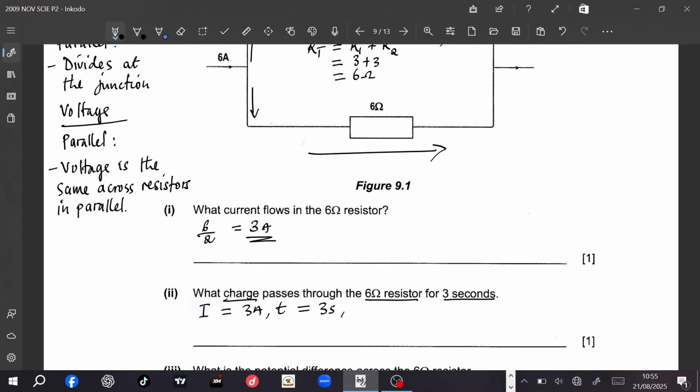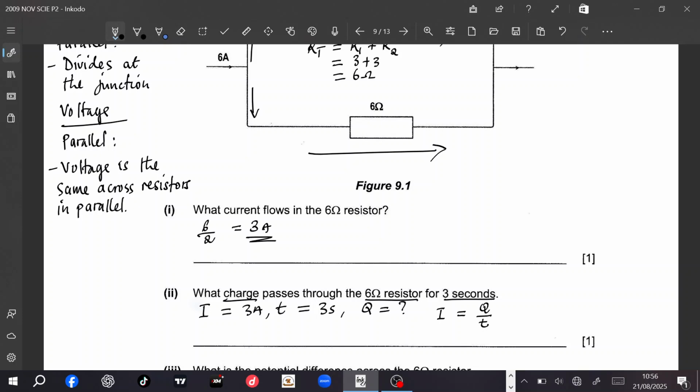And they're asking for charge Q, which is the unknown. Looking at this data, you must know a formula which relates these three quantities. Always remember, current is equal to charge over time.